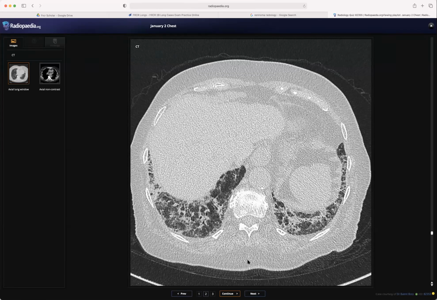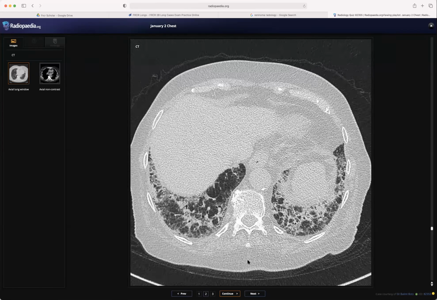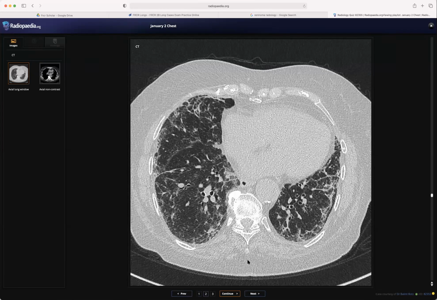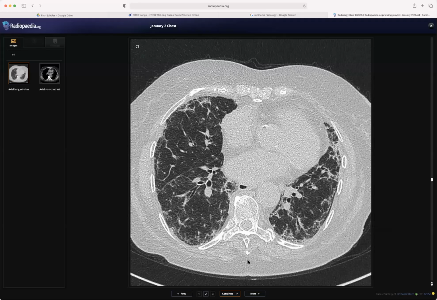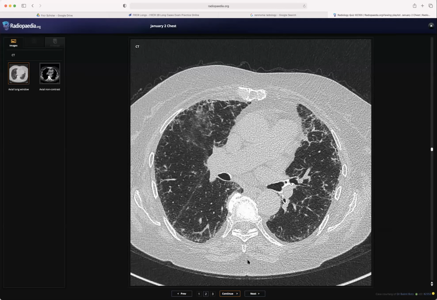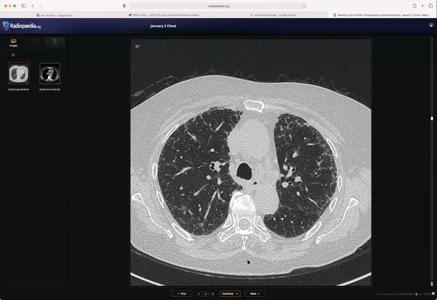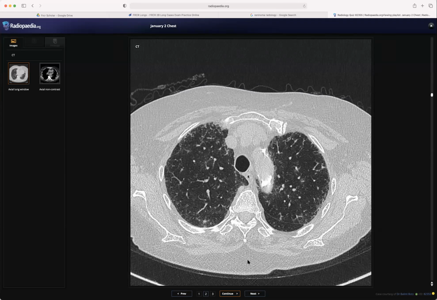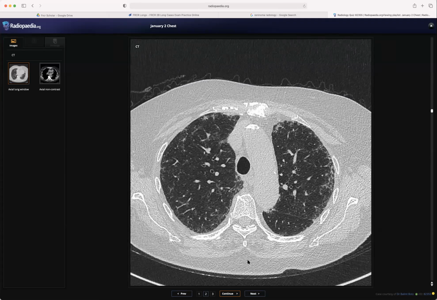Okay, this is the axial CT thorax in lung window. It shows diffuse involvement of both lungs with interstitial thickening, which is predominantly peripheral and subpleural in location.